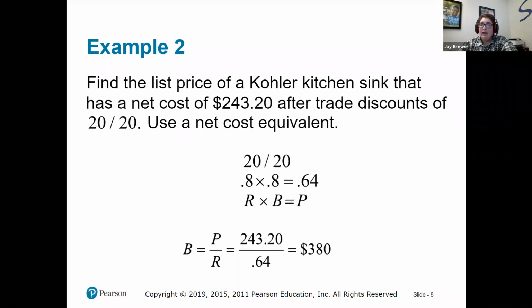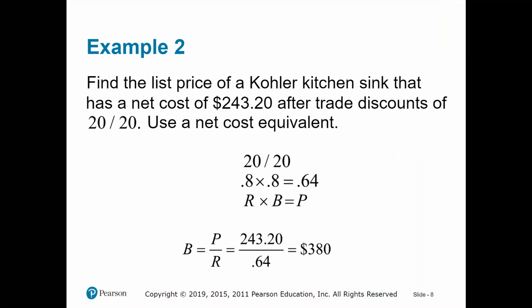Find the list price of a Kohler kitchen sink that has a net cost of $243.20 after trade discounts of 20, 20. Use the net cost equivalent. Okay, so here it tells you that you have to use the net cost equivalent. So why are they using 0.8 there?